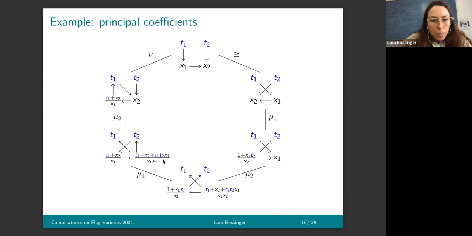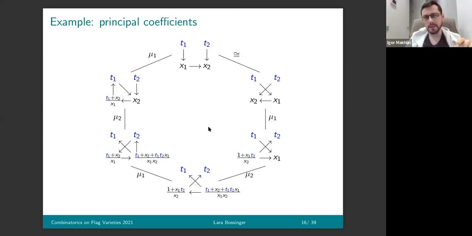The new cluster algebra is generated by these elements x1, x2, t1 plus x2 over x1, etc. Inside we have coefficients that are polynomials in t1 and t2.